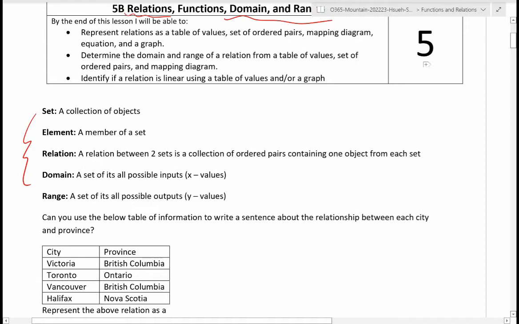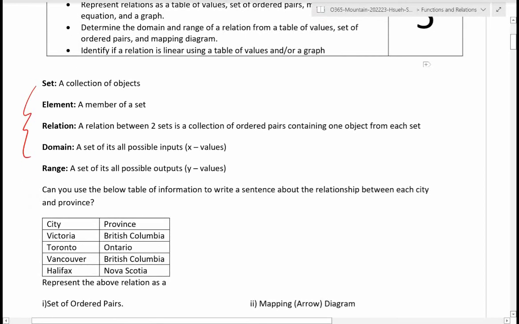For example, in the set of whole numbers, the elements would be 0, 1, 2, 3, 4, and 5, and so on. An element is a member of a set, and a set consists of many elements.